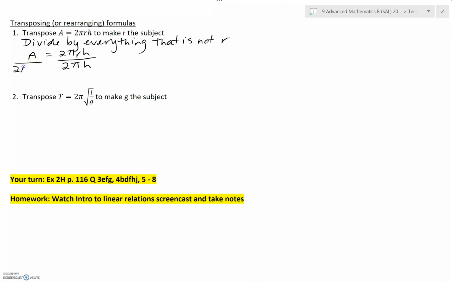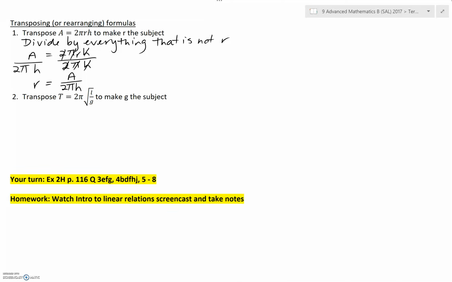And I need to do the same to the other side. So on this right-hand side, things are going to cancel right down, and we will just be left with r, which is what we want. And of course, we need to rewrite so that our unknown is on our left-hand side, and the other side of the equation cannot be simplified in any way, so we just need to rewrite it as it is, and that's fine like that.